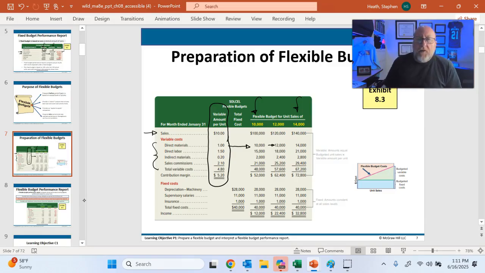Here are my fixed costs. And remember, fixed costs do not change based on varying levels of production and sales. So regardless of whether I'm selling 10,000 or 14,000, my fixed costs in terms of machinery are going to remain the same. Okay.